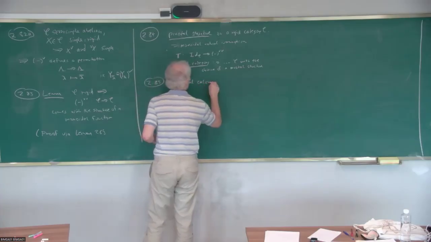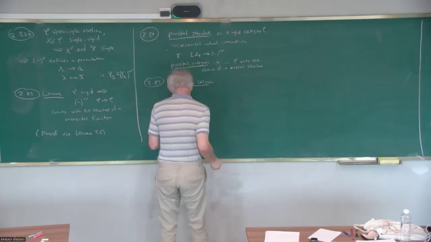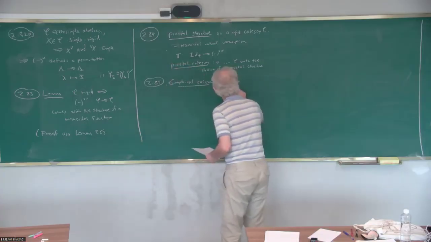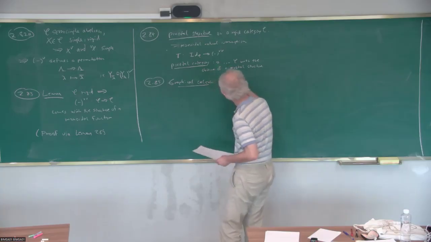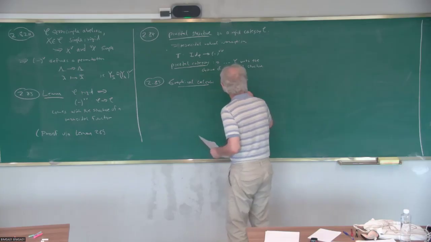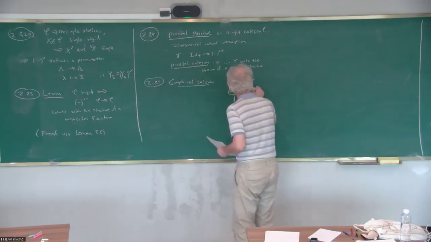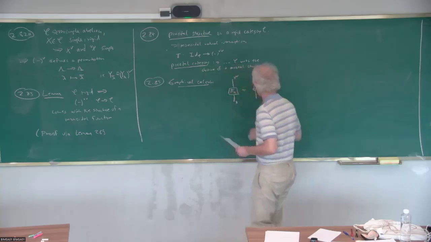In the graphical calculus, I will denote a pivotal component pi X of the pivotal structure, so this isomorphism from X to X double dual, by a symbol like that.